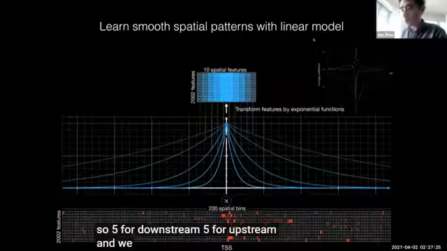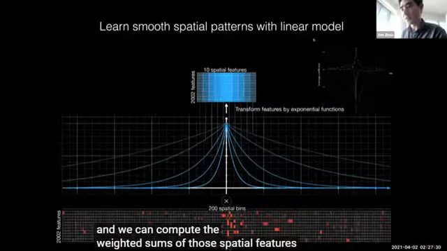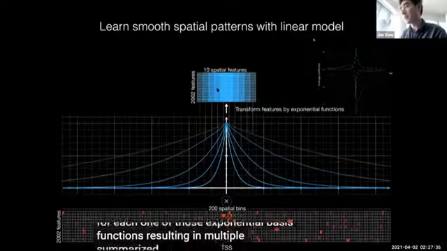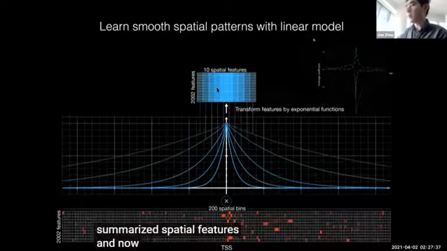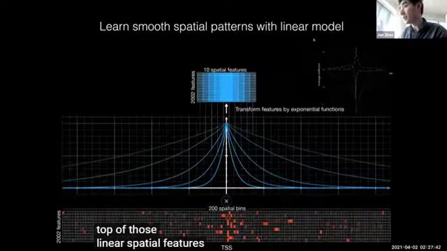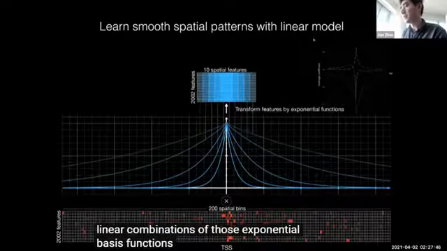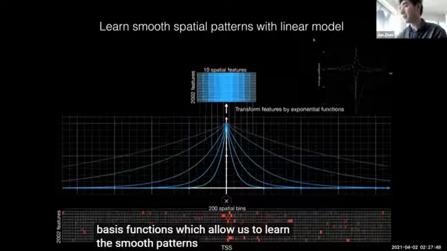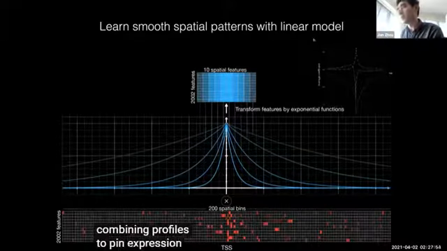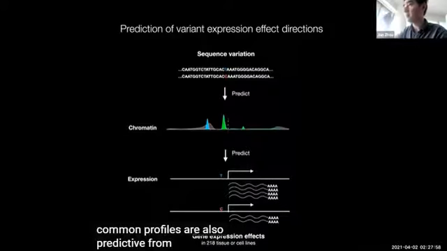And we can compute the weighted sums of those spatial features for each one of those exponential basis functions, resulting in multiple summarized spatial features. And now, if we train a linear model on top of those spatial features, we are actually learning linear combinations of those exponential basis functions, which allows us to learn the smooth patterns of the contribution of those chromatin profiles to gene expression.